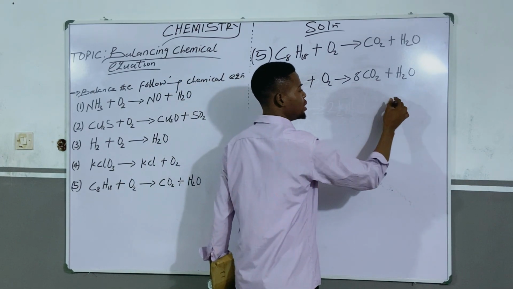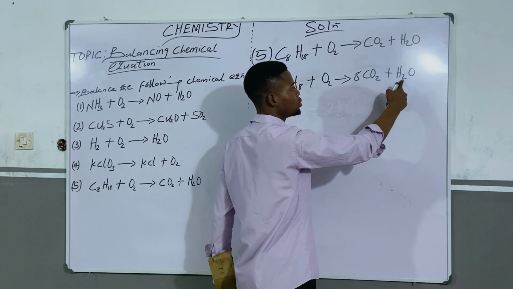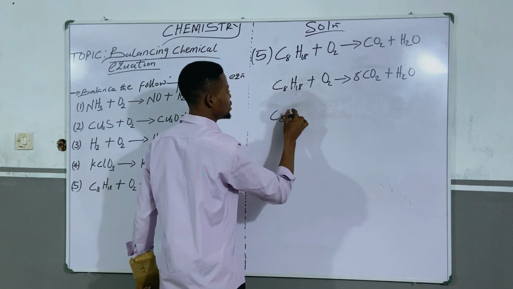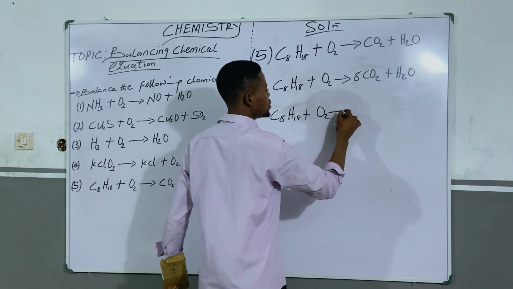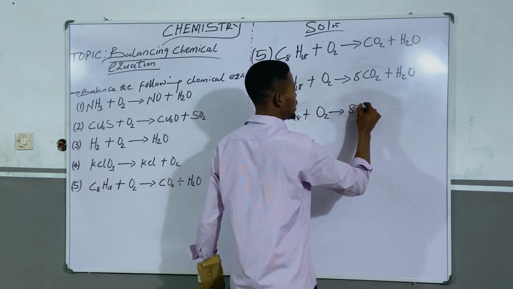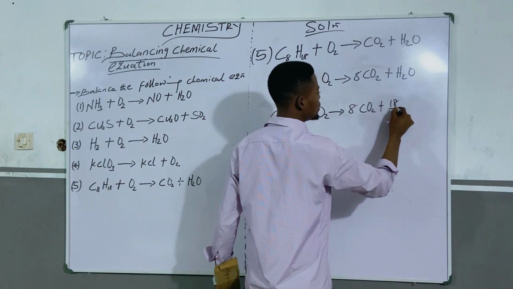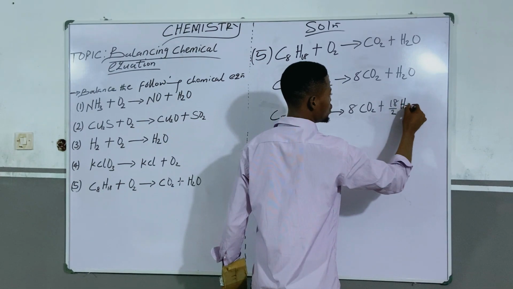So we have to put 18 here all over 2. So let's go. We have C8H18 plus O2 to give us 8CO2 plus 18 over 2H2O.